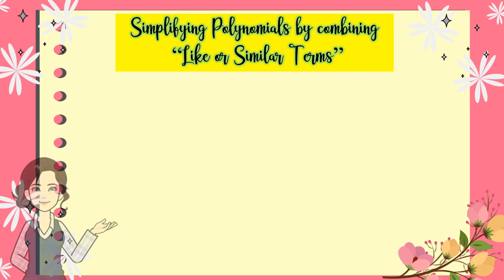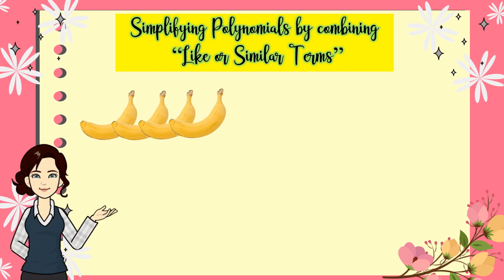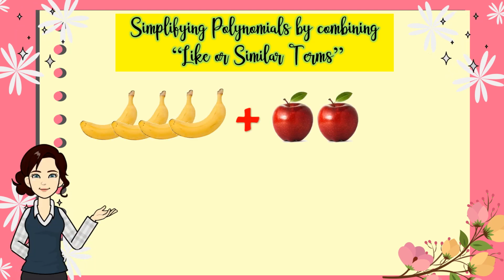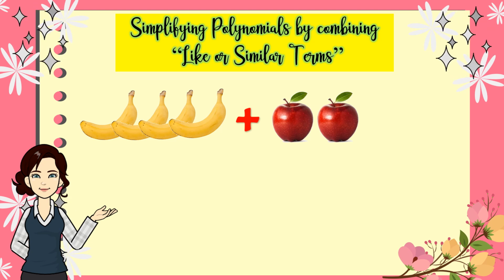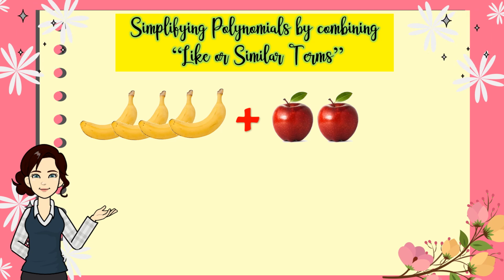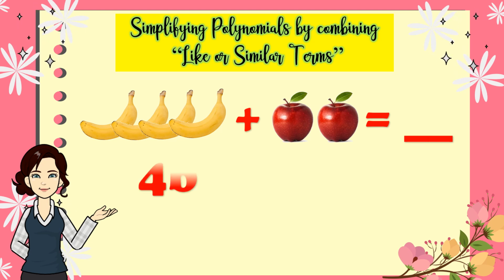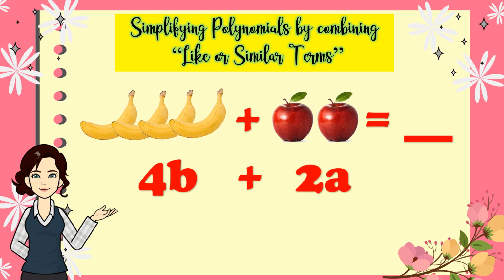What if we're going to combine 4 bananas and 2 apples? Let us use an algebraic expression to express the given problem. Let us use 4b to represent 4 bananas and 2a for 2 apples. How are you going to combine 4b plus 2a?